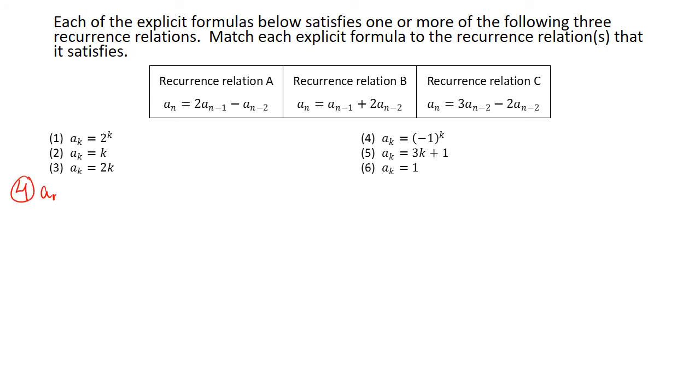So again, I'll just write out what an would be. So that's plugging in n for k, and then plugging in n minus 1 for k, and then finally plugging in n minus 2 for k.